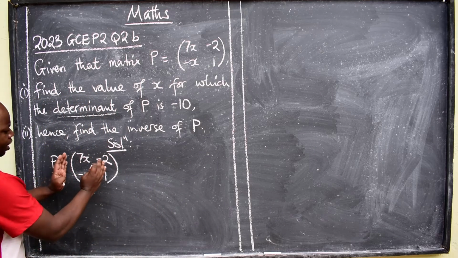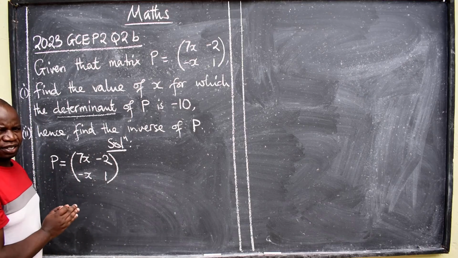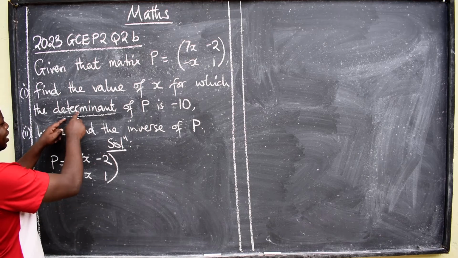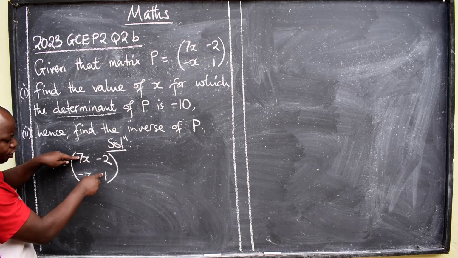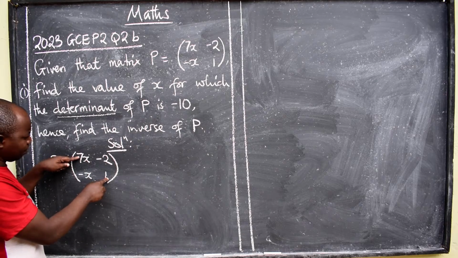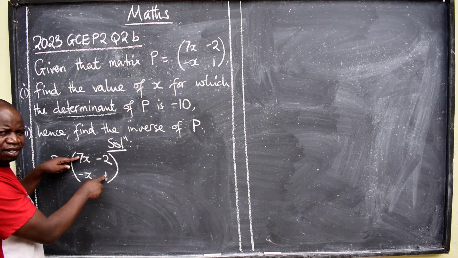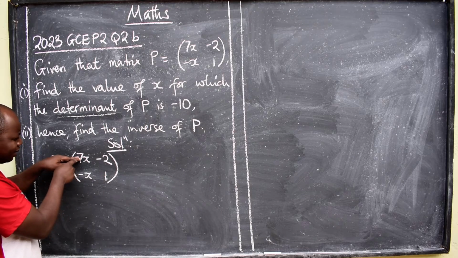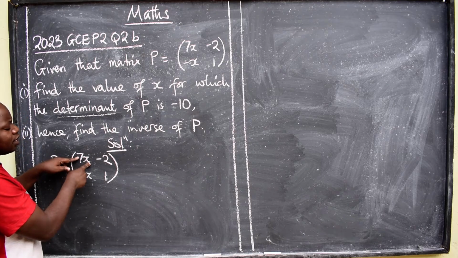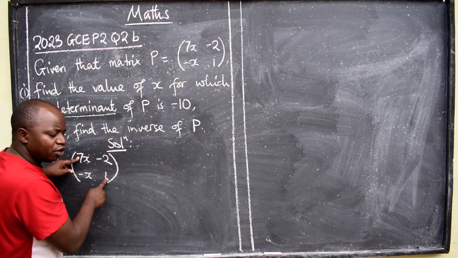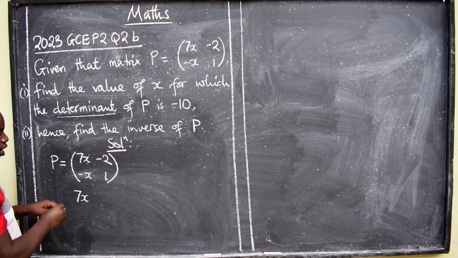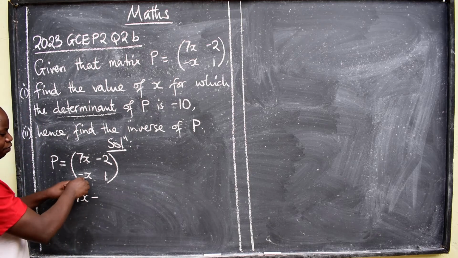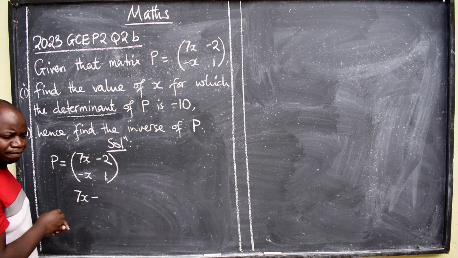Well, if this is the matrix, then its determinant will be, you multiply the major diagonal. So you are going to multiply 7x times 1. You are going to get 7x. Always put minus before you multiply the minor.